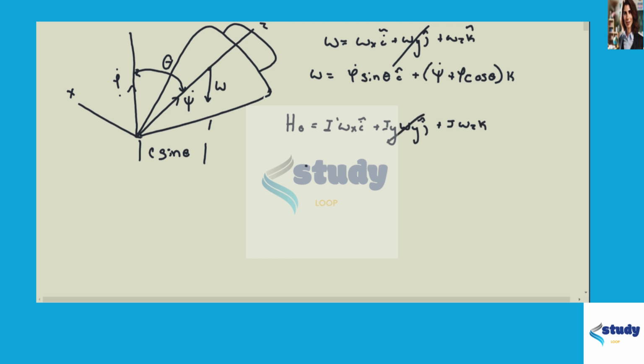And this becomes I phi sine theta i plus I_z z k. We're going to call this equation 2 to help us. And then we express the angular velocity in the reference frame of OXYZ. So we have phi sine theta i plus phi cosine theta k. And this is going to be 3. And now we can do part A here.